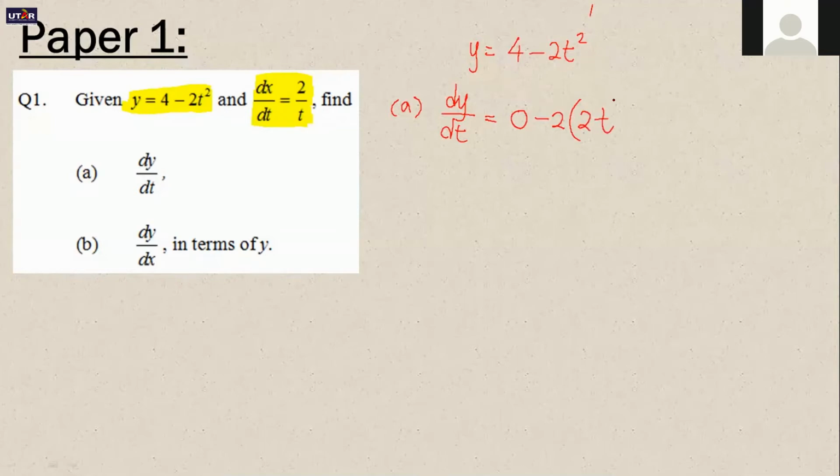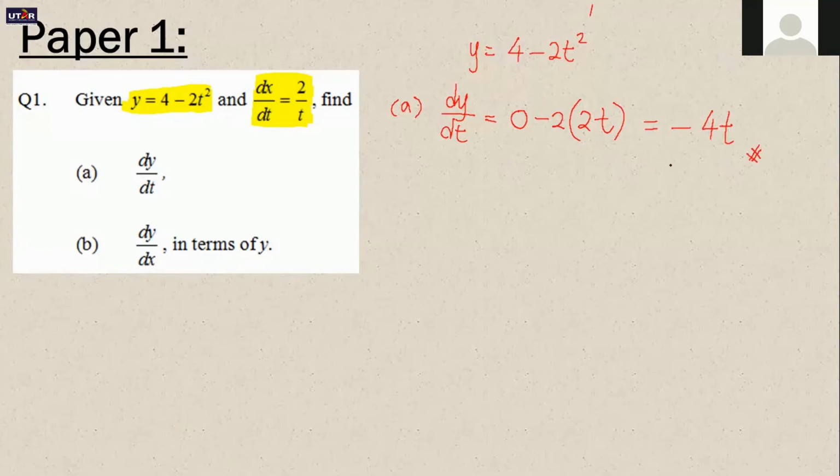So 2 minus 1, of course 1. Most of the time, t power 1, we just put t. The power 1, no need to put the 1 there. Okay? So simplify it, we have negative 4t. So this is the answer for part A.